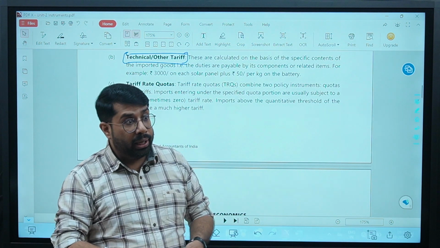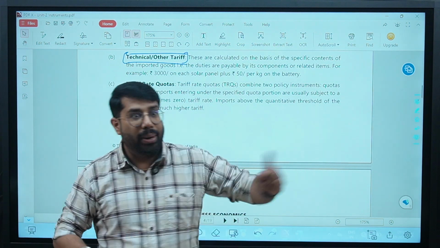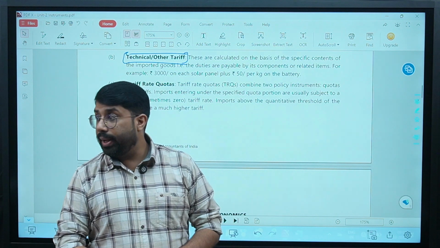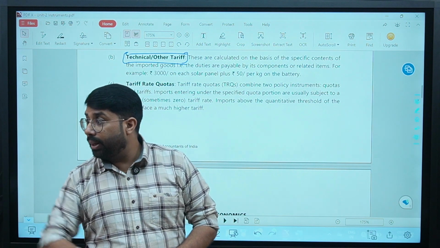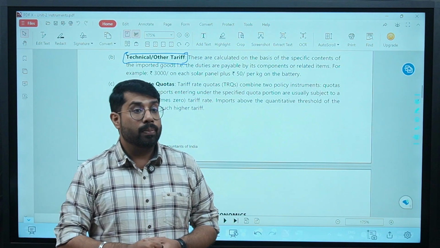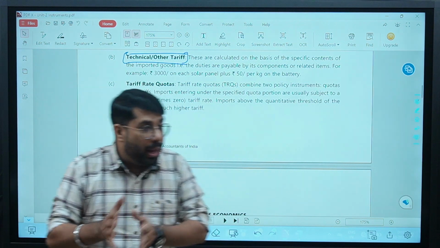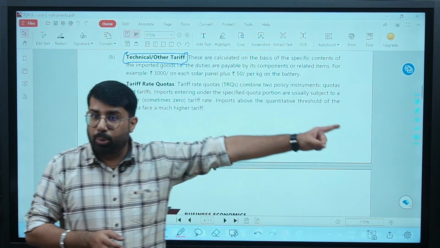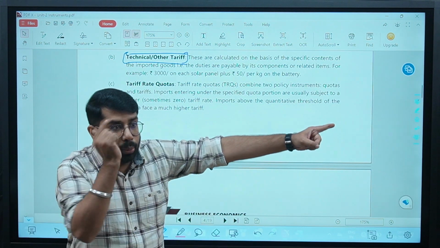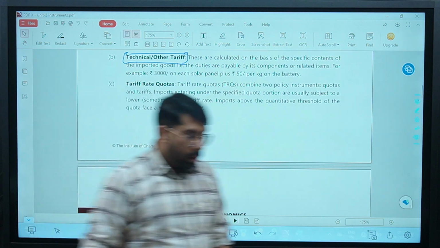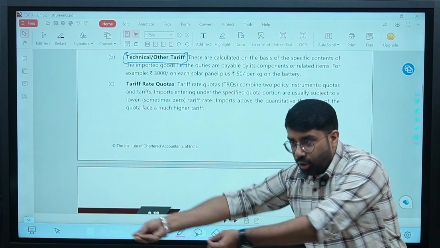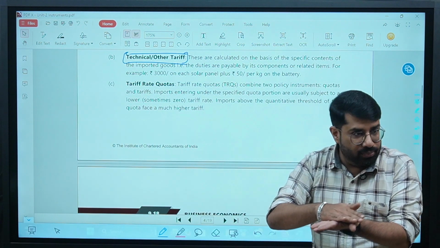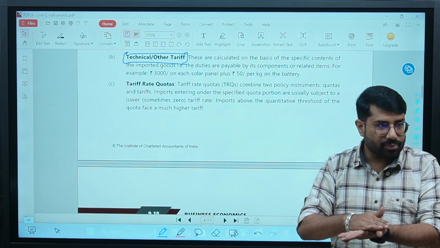Same example, if I say that you are exporting raw material, the government will say, boss, you are making my task difficult. Sir, how? When you export raw material to the rest of the world, what will the rest of the world do? The rest of the world will buy raw material at a lesser rate. Be with me, yes or no? Yes, sir.